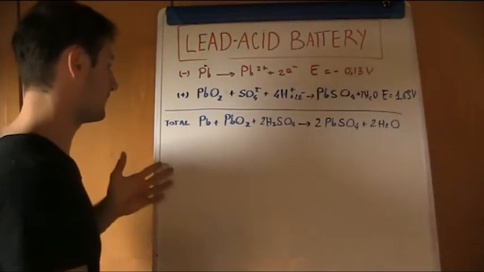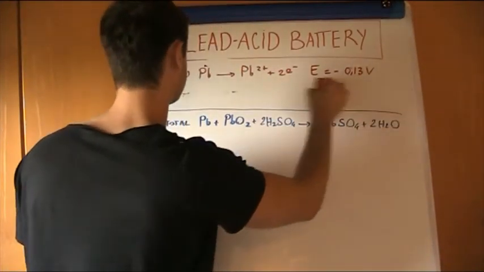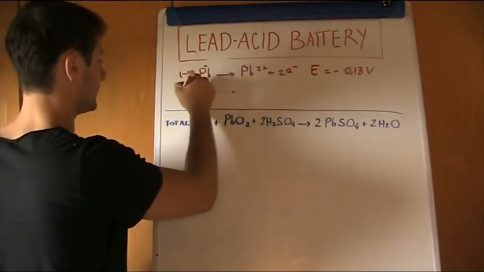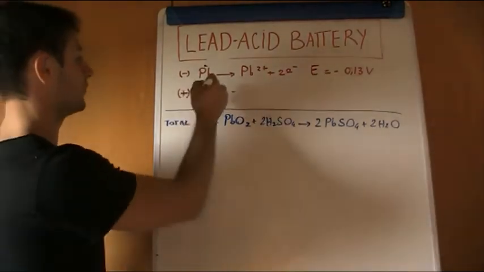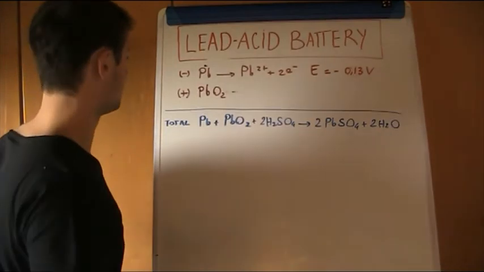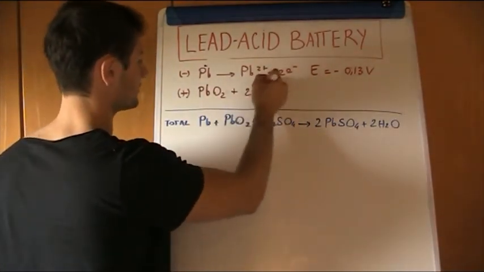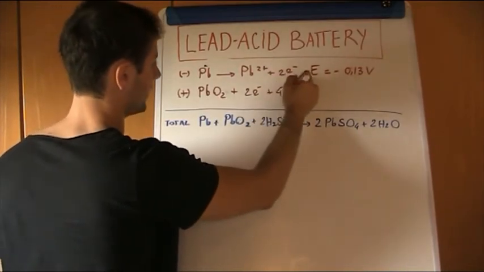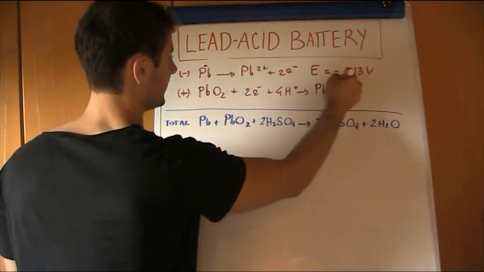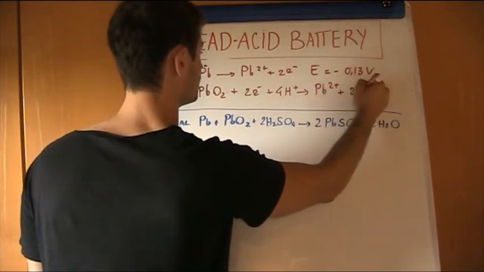And then the same for the positive terminal, in which, without the presence of sulfuric acid, we have only our lead peroxide plus 2 electrons plus 4H+ that gives, again, lead 2+ and 2 times water.